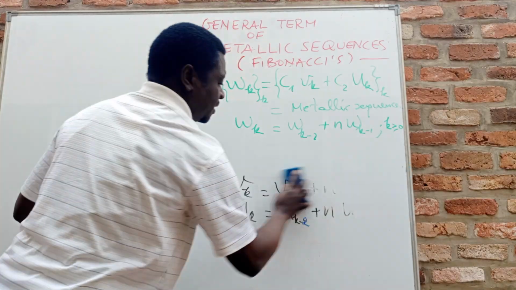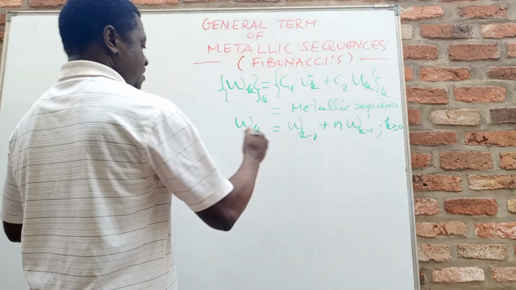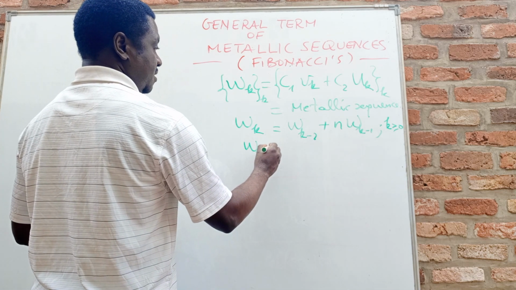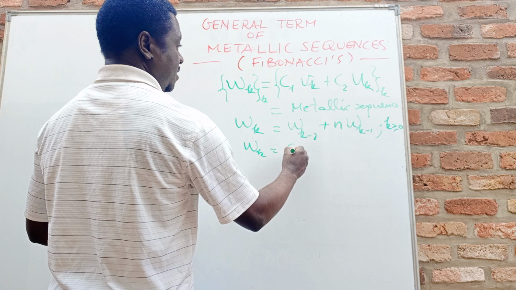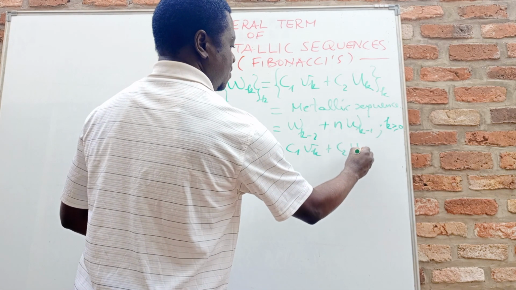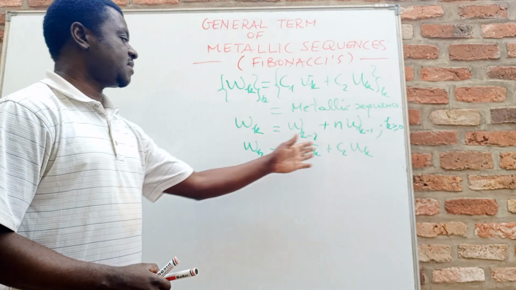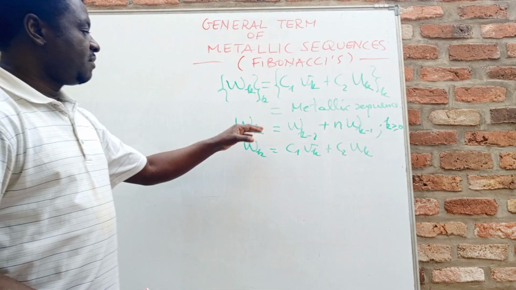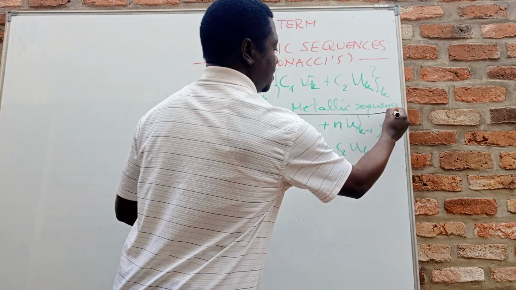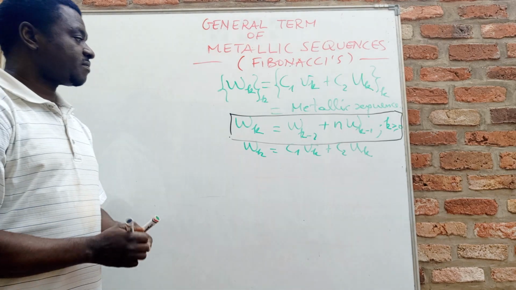So by its combination you have Wk equal to C1 Vk plus C2 Uk. By this combination, of course, you can obtain the similar relation if we consider this relation as defining every metallic sequence.